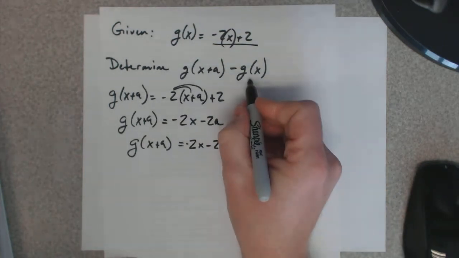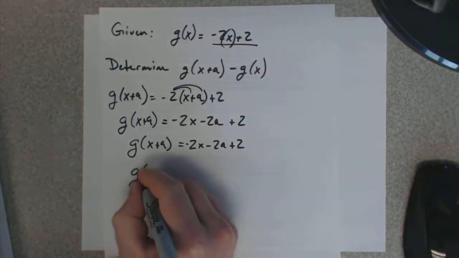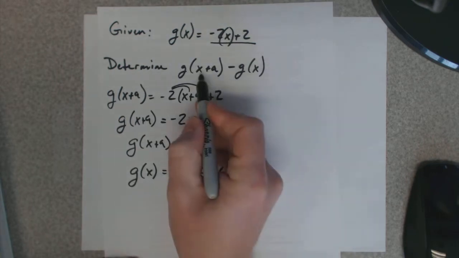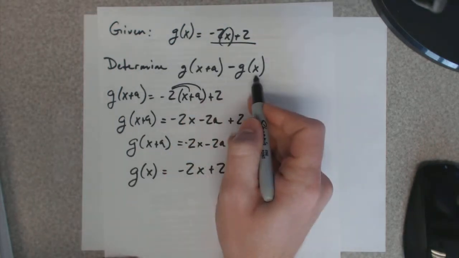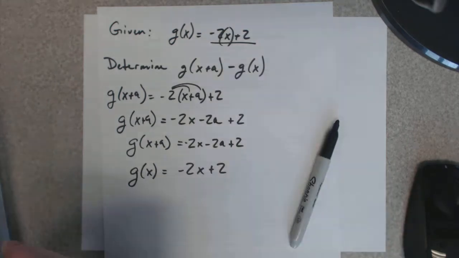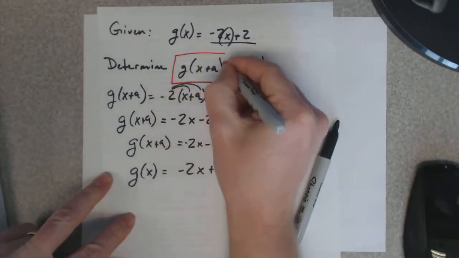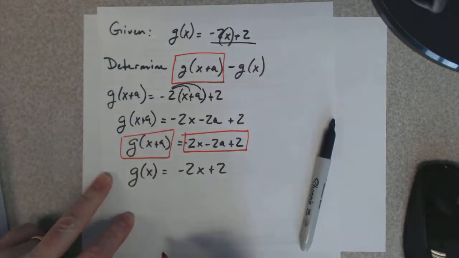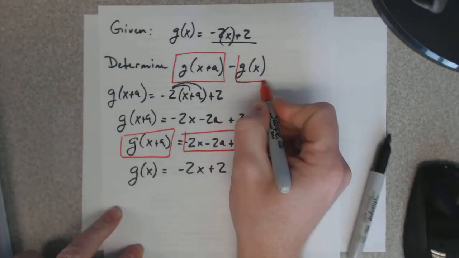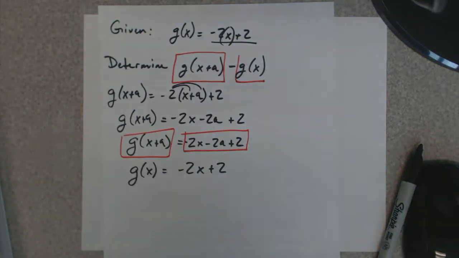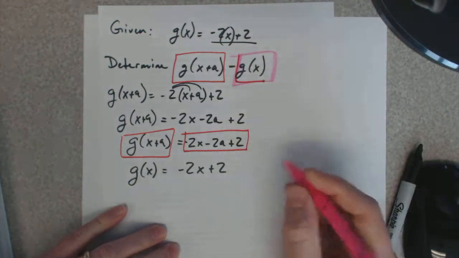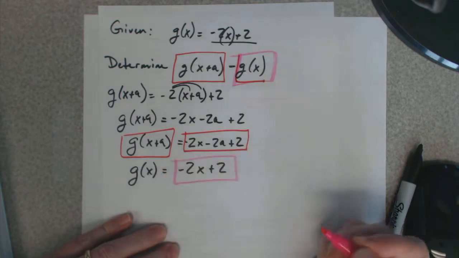Now what is g of x? Well, g of x was given. Negative 2x plus 2. So we're going to subtract the two from each other. Alright, this right here is this, right? This guy is this guy, right?